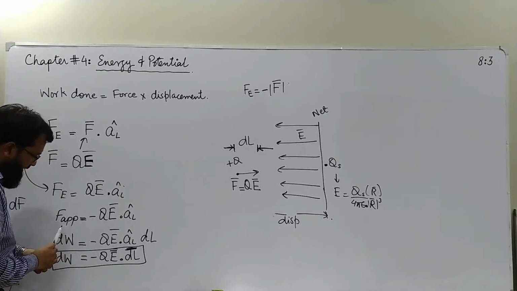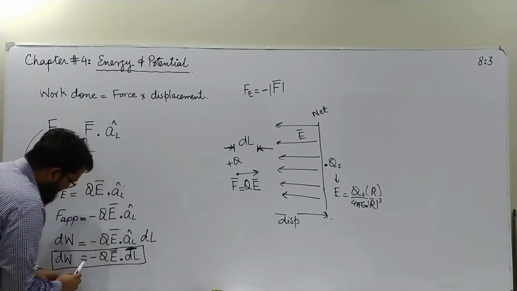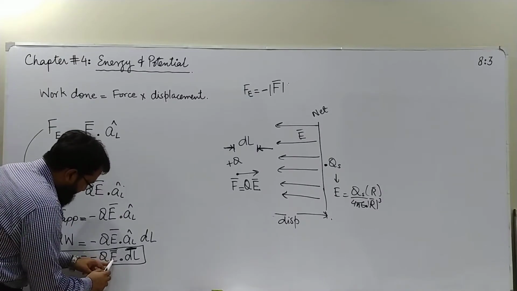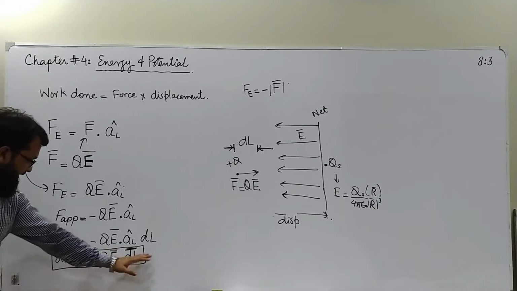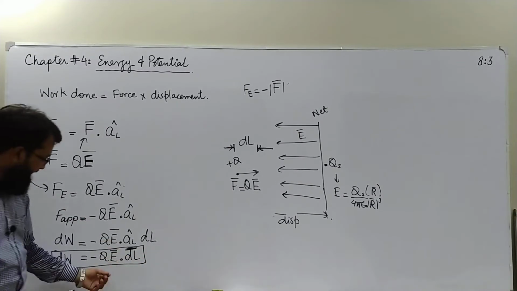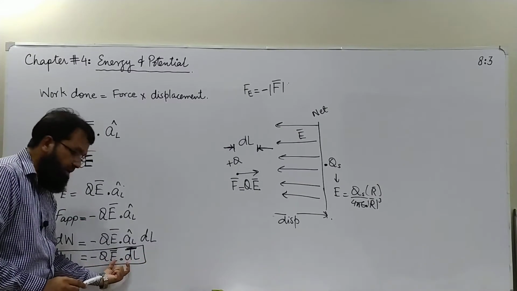in which neither Q is 0 nor E is 0 nor dl is 0, but there are a few cases in which we can get the work done 0, and that case will come through the property of dot product.